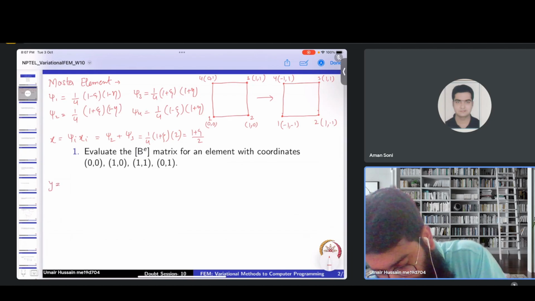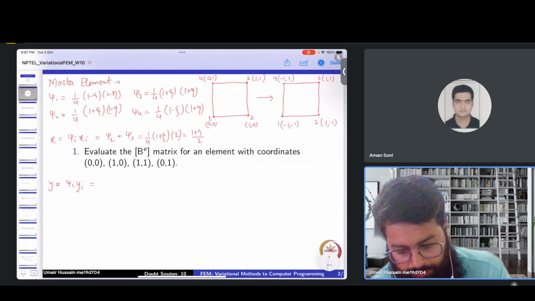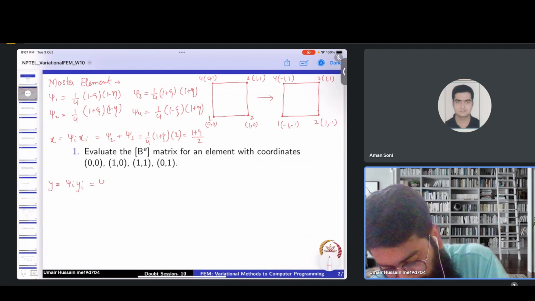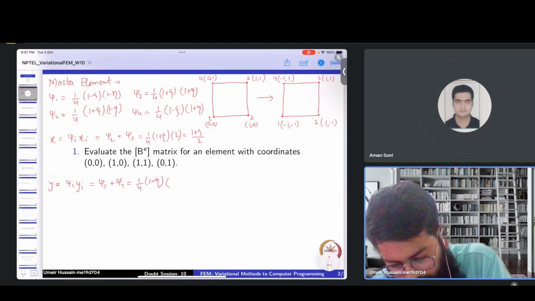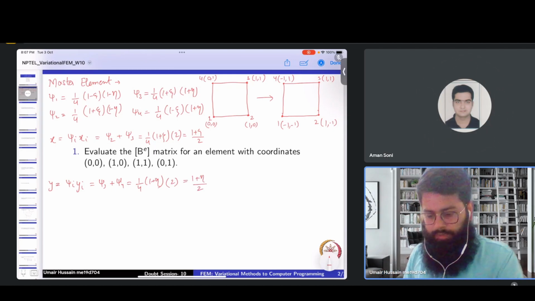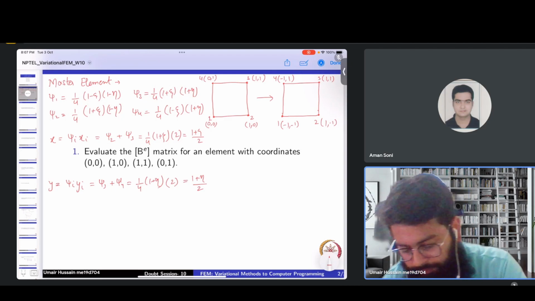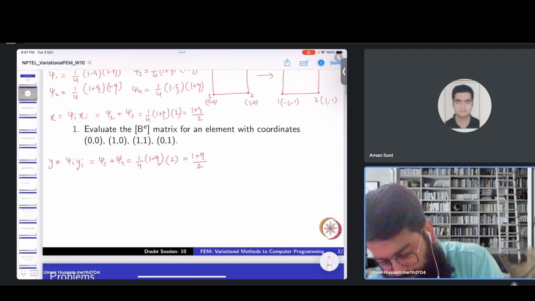For y we have only N3 and N4 here. So what's common is 1 by 4, 1 plus eta. Then we have 1 plus xi, 1 minus xi, 2 again. So eta by 2. So firstly we need the Jacobian matrix.